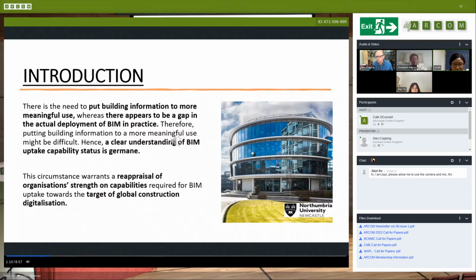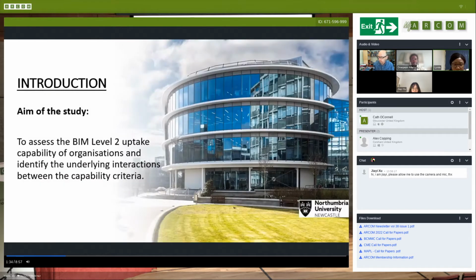Hence, a clear understanding of BIM, building information modeling, uptake capability status, is necessary. This circumstance warrants a reappraisal of organizations' strength on capabilities required for BIM uptake towards the target of global construction digitalization. The aim of this particular study is to assess the BIM Level 2 uptake capability of organizations and identify the underlying interactions between the capability criteria.